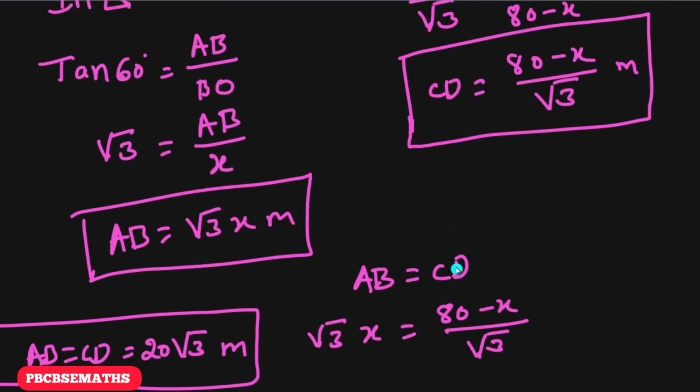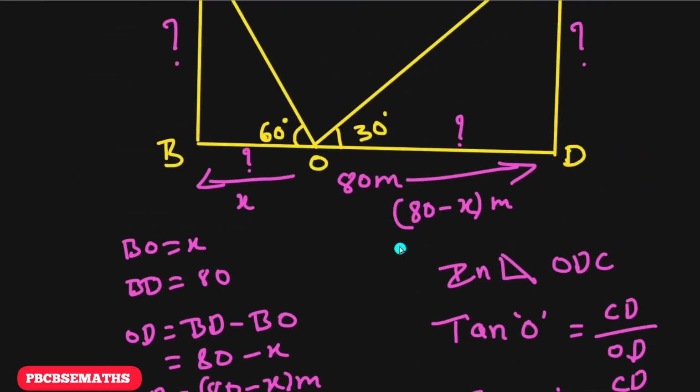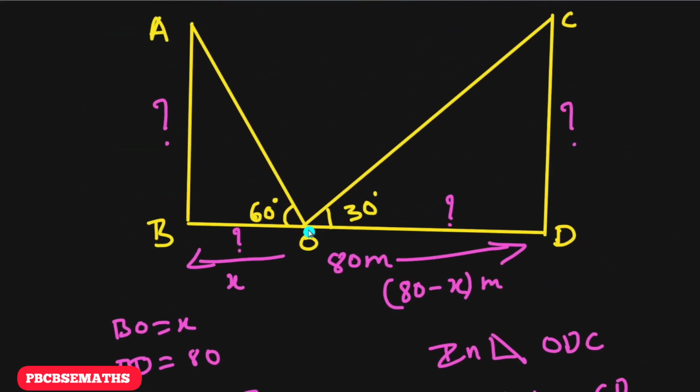Now let's find out the distance of those two poles from this point O. We consider BO is equal to x meter. So we can say that the pole AB is 20 meters away from this point O, since the value of x is 20.